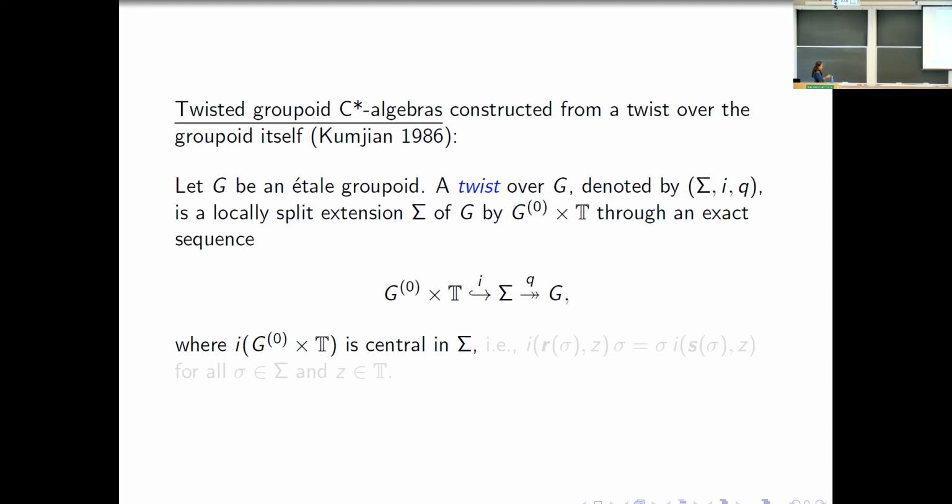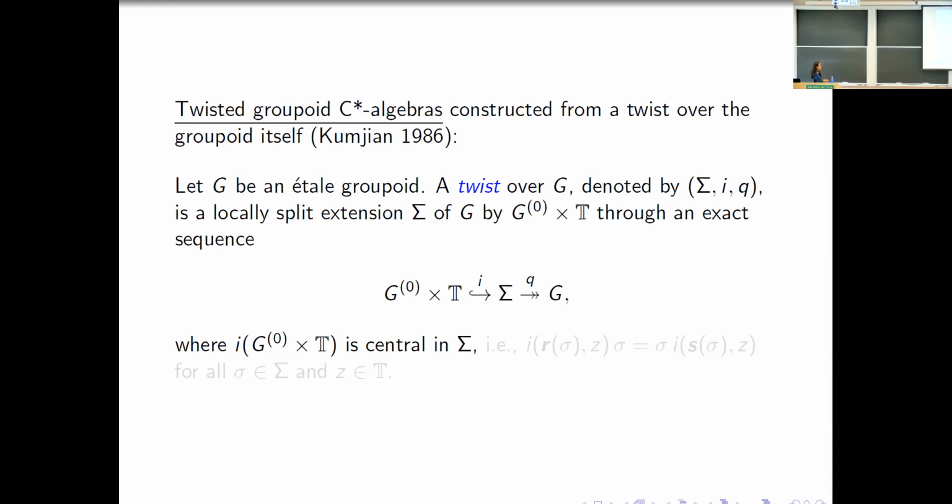All right, so now if I start with an étale groupoid G, then the twist I'm going to use here, as I say, is given by Kumjian, and I would denote a twist of a groupoid in this way. This Σ is a larger groupoid, and I have two maps i and q, which give a locally split extension of the original groupoid G by the unit space times the closed unit circle, and this extension is through this exact sequence.